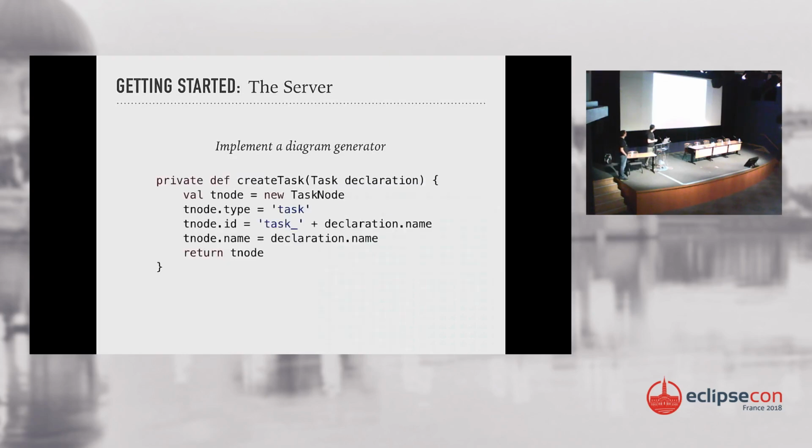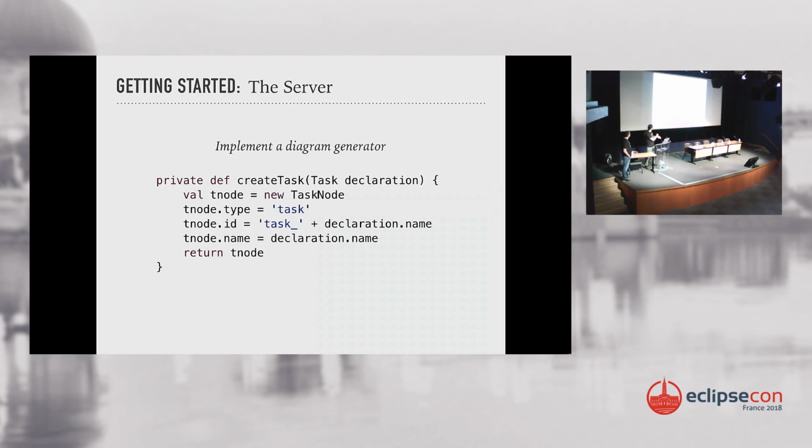Here is a very small example for our task flow diagram that we've seen before. This is a function implemented in Xtend, a very nice programming language that is built on Java, so it's transpiled to Java. Here we get a domain model class as input. The task is part of, in this case, an EMF model. In this function, we create a task node, which is the data structure that is used by Sprotty.